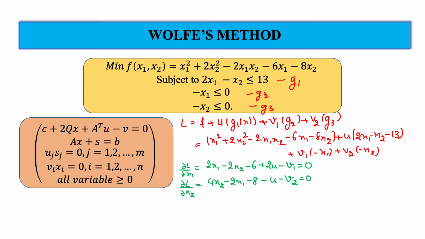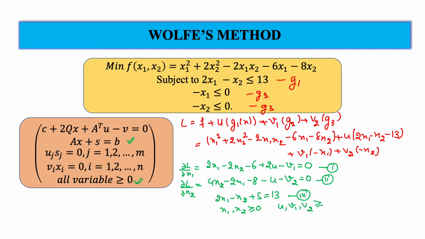Now we have to convert the inequality constraint into equation form by using a slack variable, that is 2x1 minus x2 plus s equals 13. That is our first equation, then the second equation and the third equation. Then all variables should be greater than or equal to 0, that means x1, x2, u, v1 and v2.